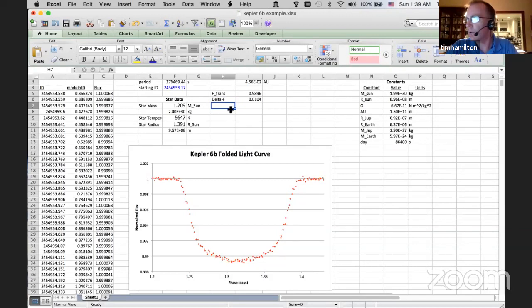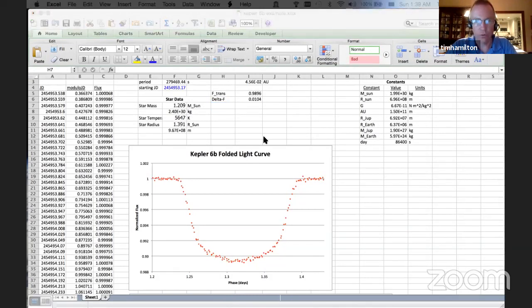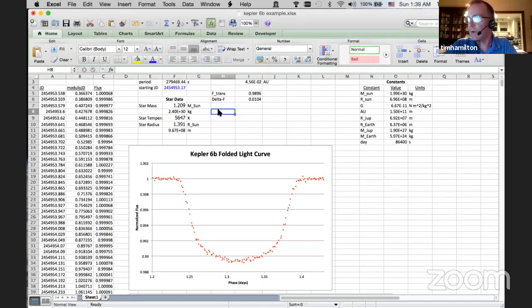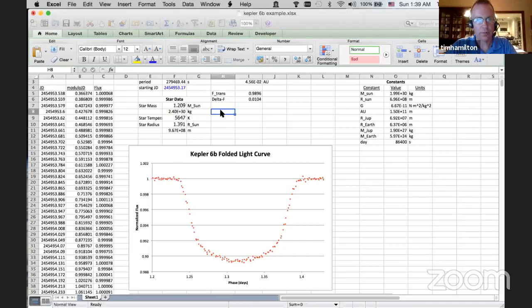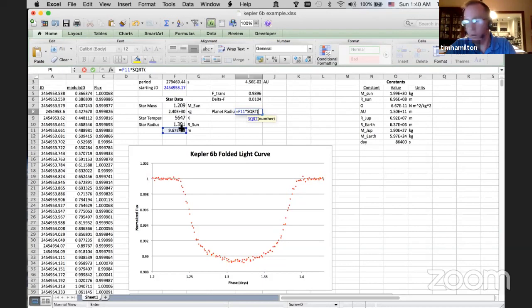Now, let's find my formula again. We take the planet radius, which is equal to the radius of the star in meters, times the square root of 1 minus the ratio of 1 minus F transit.